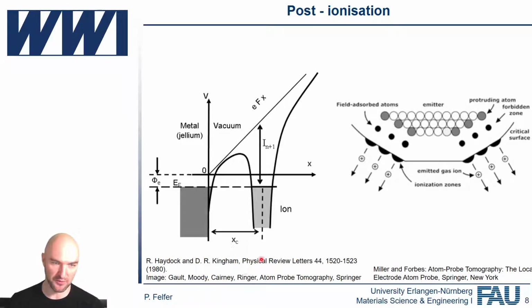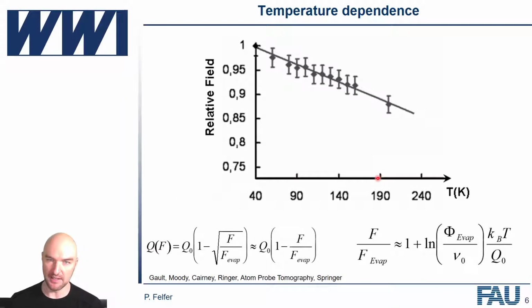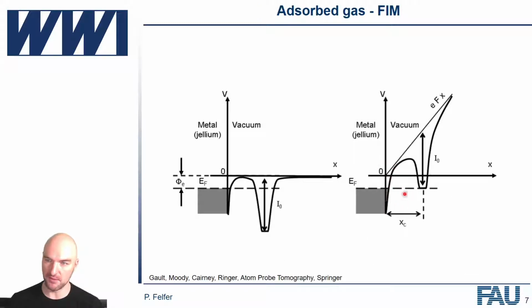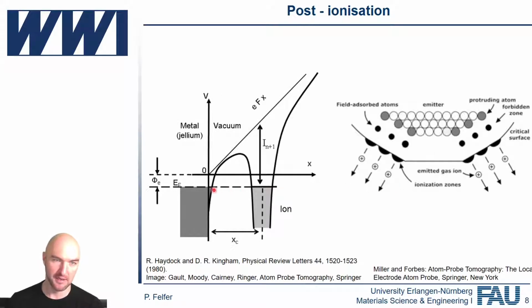This is the so-called famous Kingham theory from Haydock and Kingham. And they had already recognized that this can happen. And the thing is the same as up here. It doesn't happen straight on top, when the ion is very near the surface, but it needs to go a little bit further away. And this can increase the charge state of the ion.